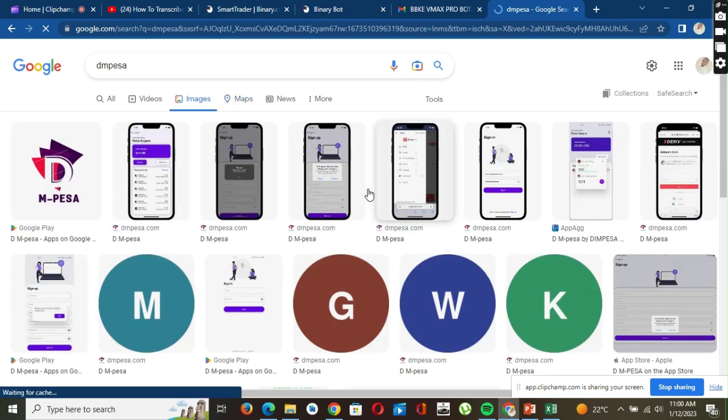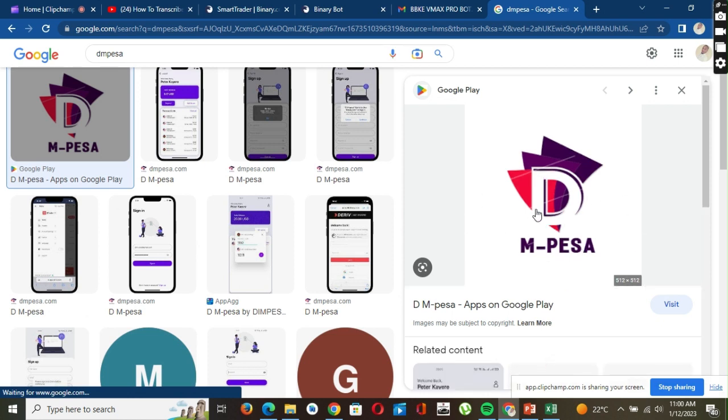When you go to your Play Store, look for an app called D-M-Pesa. This is it. And you just create an account, put in your details, put in your account ID, that is for DERIV, and then obviously your M-Pesa phone number, which you've connected with DERIV as well. And then you can deposit from there and you can withdraw from there.